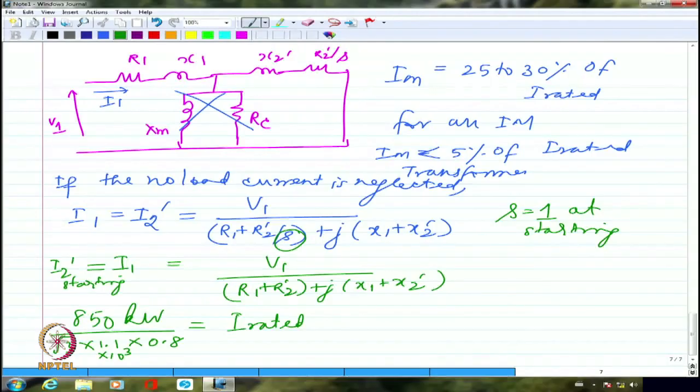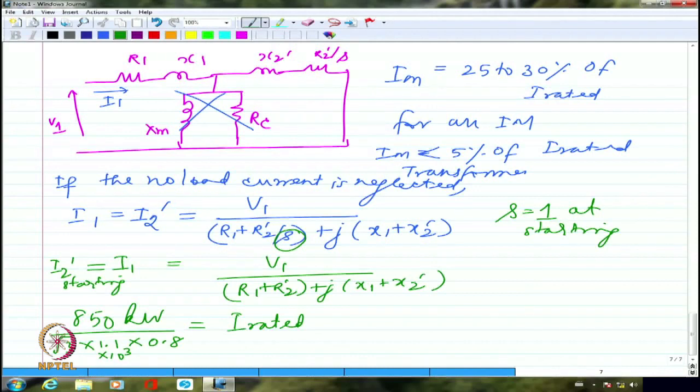Including a resistance will help me improve the starting performance, at least by reducing the current. So I will not be able to start an induction motor rated for extremely large values without including a rotor resistance or any other starting means. Right? I have to include some kind of starting technique in my induction motor.